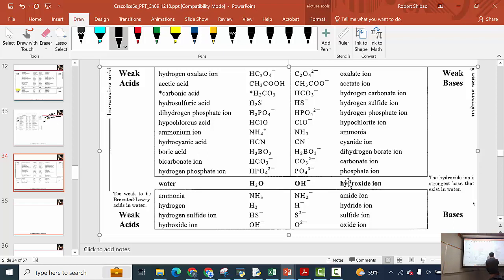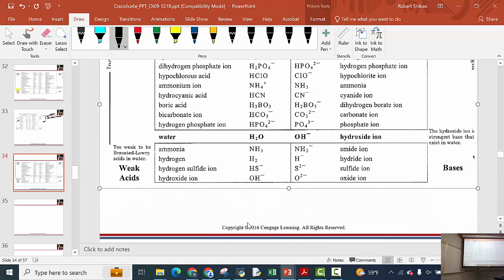So we can't have any base that's stronger than hydroxide that exists stably in water. Why is that? Let's take a look at amide ion here. The reason why amide doesn't exist in water is because it reacts with water.